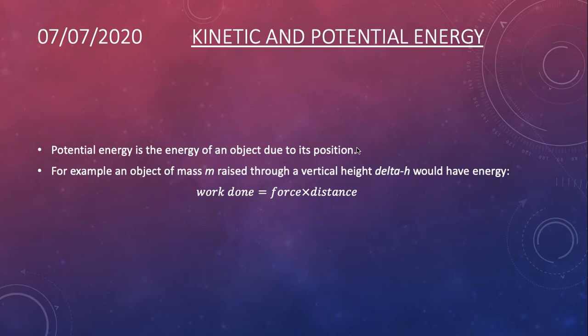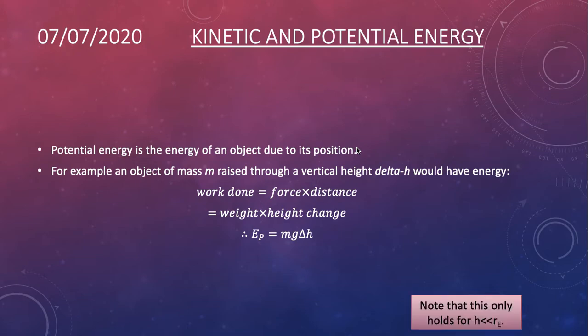The force is the weight of the object, mass times the gravitational field strength, and the distance is that vertical height delta h. So weight times height change, giving us mg delta h. Clearly, to get more potential energy, more mass, bigger height, stronger gravitational field. So like instead of Earth we could go to Jupiter and have a stronger gravity.